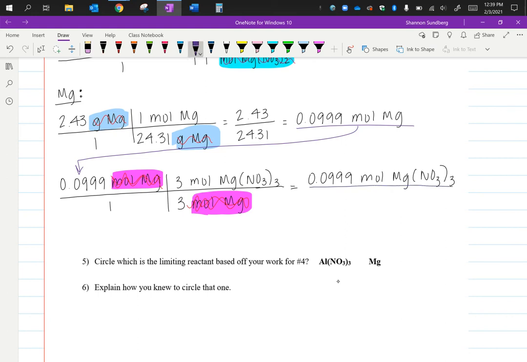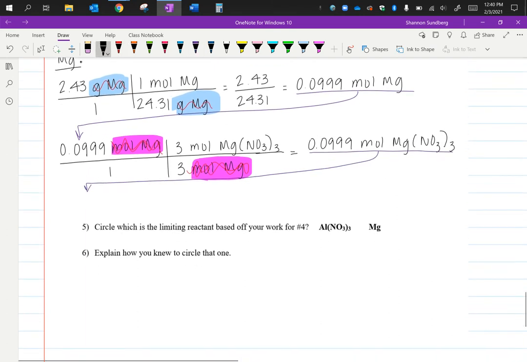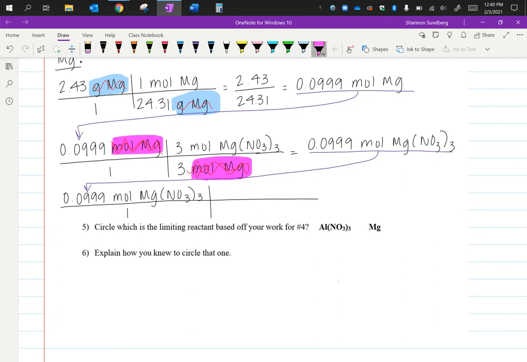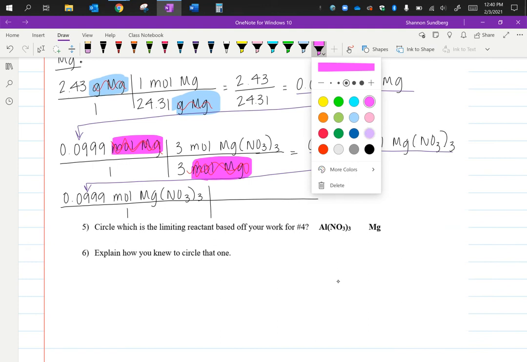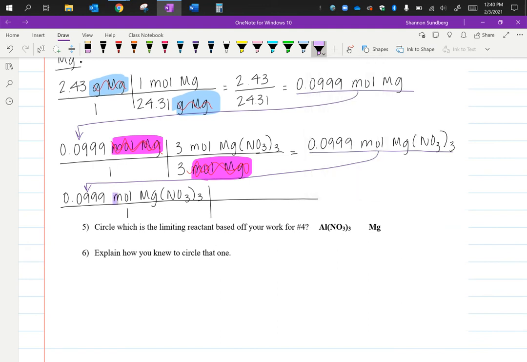This number here is the beginning of our final T-chart. 0.0999 moles of MgNO3, 2, and I need to convert this into grams. So for the last time, I just need to get rid of my units, which means that moles, get a different highlighter color here, these moles need to go down here.